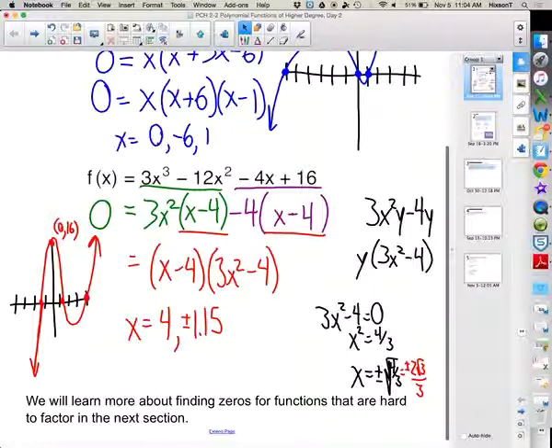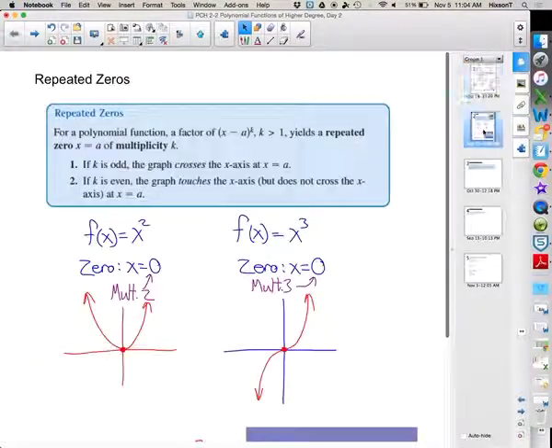So, what do we do if our zeros have a multiplicity? Okay? What do we do? Multiplicity is when the same 0 occurs more than once. Here, if we were solving where x squared equals 0, we get x equals 0, but that has a multiplicity of 2 because it's both of the roots, 0 and 0.